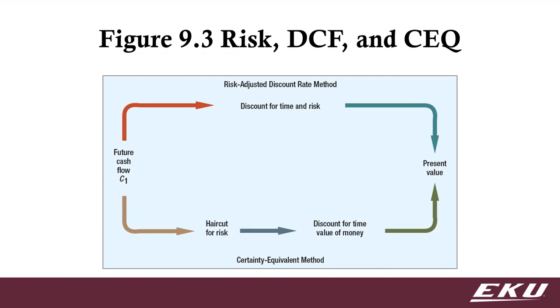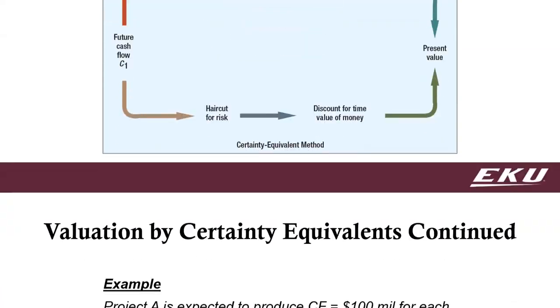You say we are going to account for them both, or you can take the risk portion first, and then once we've accounted for that, take the present value for the time portion, and that's the certainty equivalent. So we're doing the same calculations. In one case, they're broken apart into a risk piece and a time portion, and in the other we just discount for them both at the same time, but we should come to the same present value.